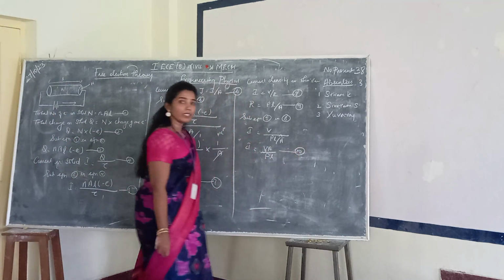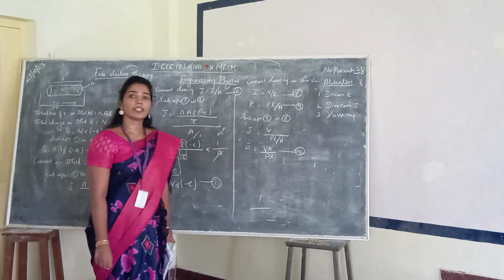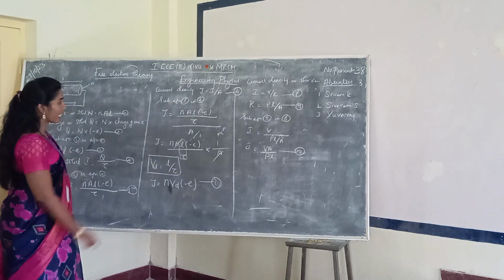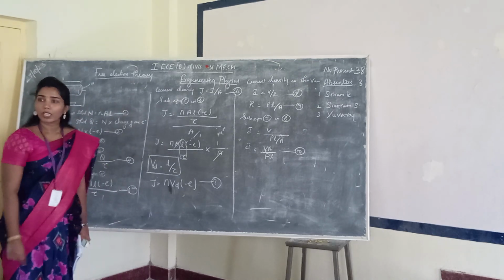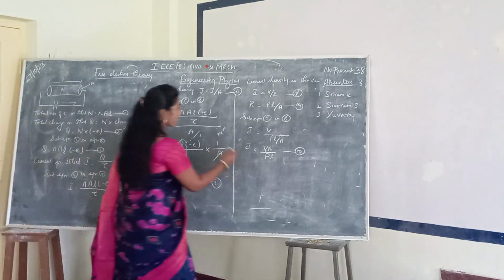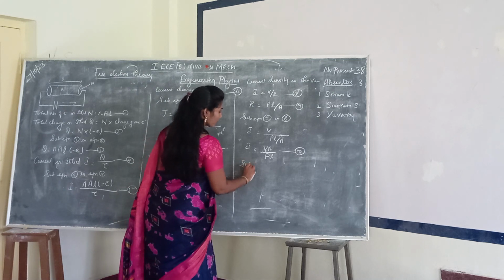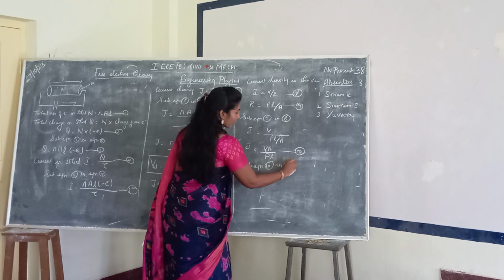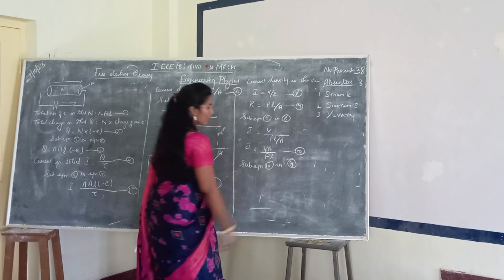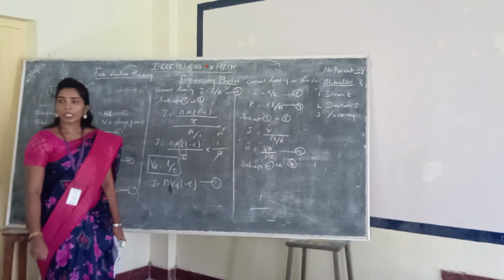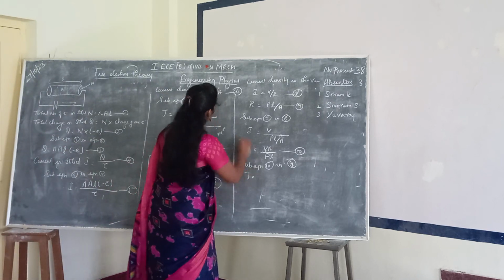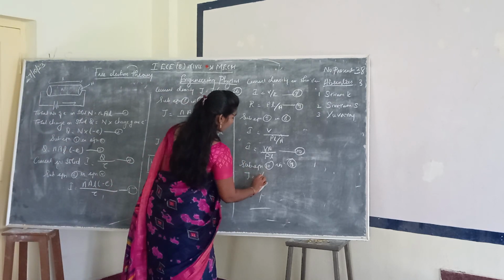Listen. Now we'll take the current density. What is the formula for the current density? J is equal to I divided by A. So take that equation, and substitute equation 10 in equation 6.